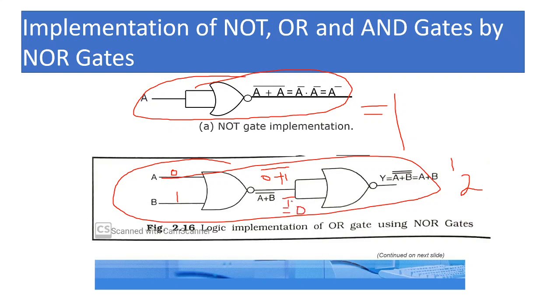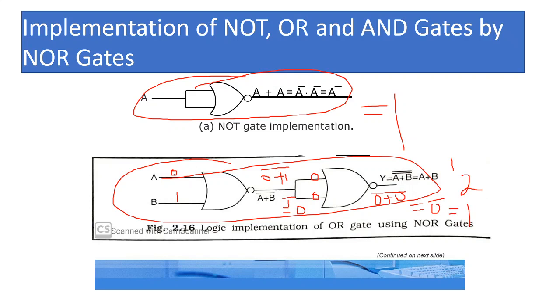So this 0 output can be given twice to this next NOR gate. So 0 is applied here and 0 is applied here. When we apply a 0 to this NOR gate, the output is (0 plus 0) complement, which is 0 complement, and the complement of 0 is equal to 1.